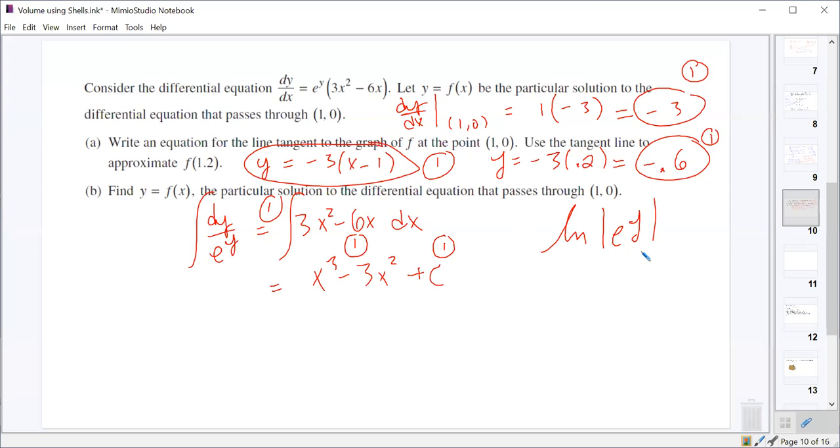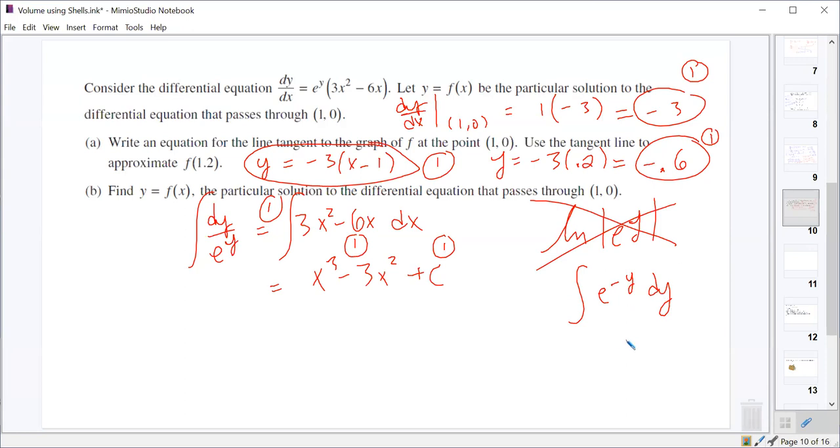It has to be dy over y or dx over x to use that natural log, or du over u. So you could try to do a u substitution to make it du over u, but you'll find that will not work out. What you need to do is rewrite this as an integral of e to the negative y dy, using that exponent rule that you can bring the denominator to the numerator by flipping the sign.